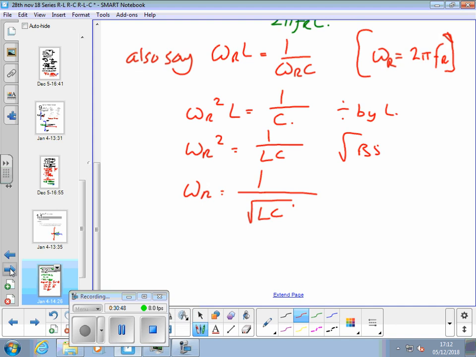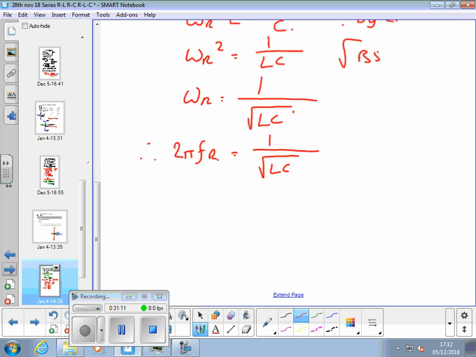Now we can replace omega R, therefore 2 pi FR is equal to 1 over root LC, and then we want to divide by 2 pi, so therefore FR is equal to 1 over 2 pi root LC.